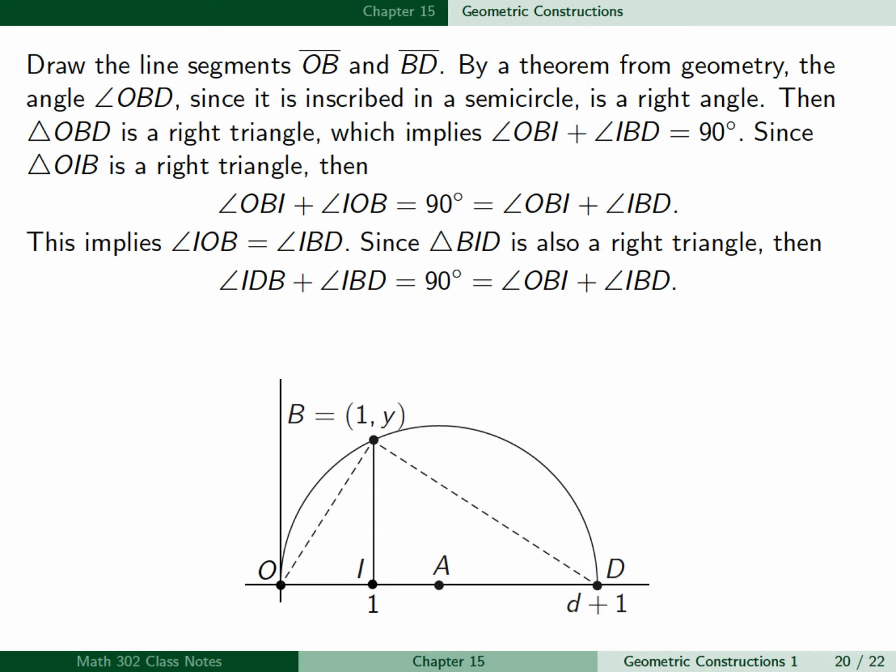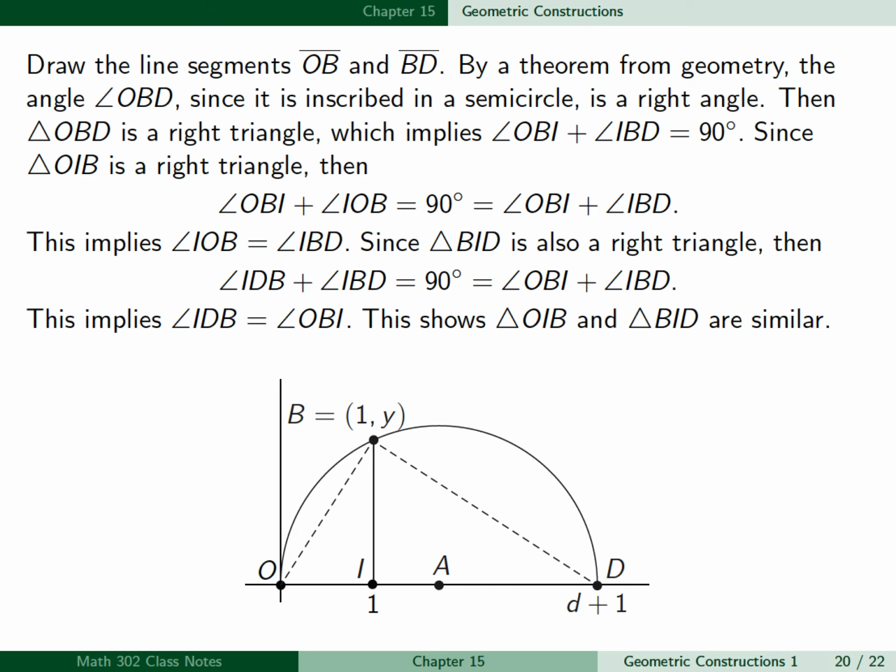And angle IBD appears on both sides of this equation, so this implies that angle IDB is equal to angle OBI. So these two equalities show that triangles OIB, that's the small right triangle on the left half of the semicircle, and triangle BID, that's the larger right triangle on the right half of the semicircle, are similar.